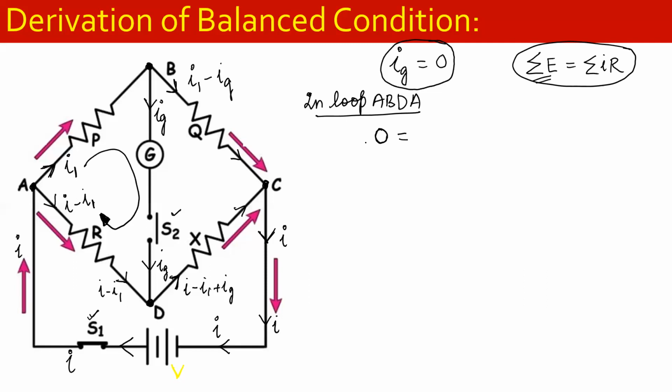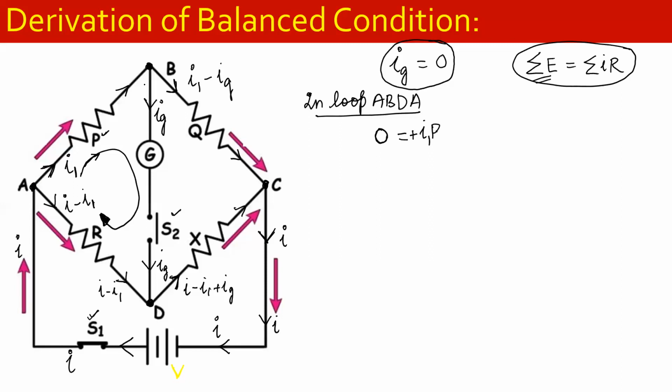As we can see, the direction of current flow according to KCL in branch AB is from A to B, and according to the direction of our assumed loop, it is exactly the same, that is from A to B. So the potential difference across the resistance P must be taken as positive. So here we are taking it as I1P.